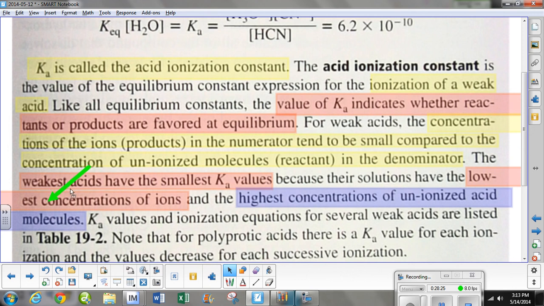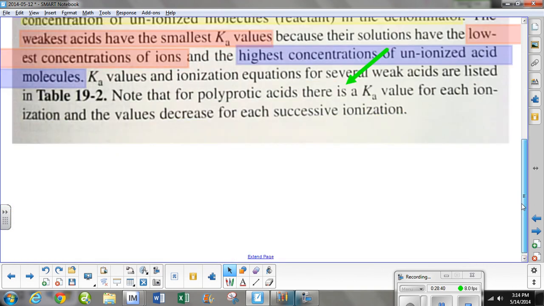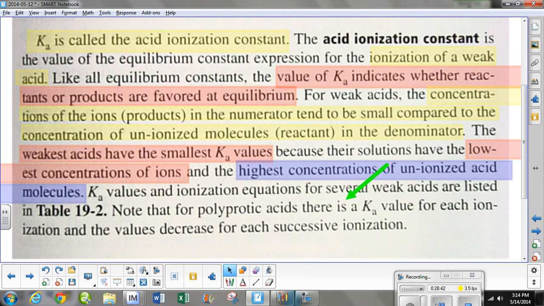And the lowest concentration of ions, which we would consider products, have the highest concentrations of unionized molecules. So, there we have it. And I hope that you found this helpful. That's the end of our lesson.